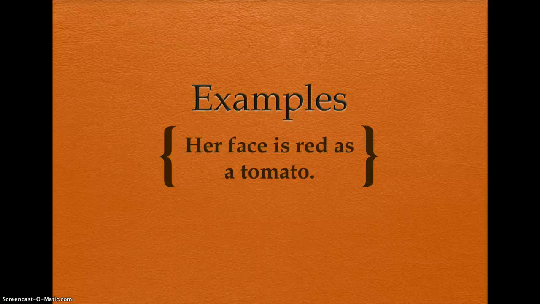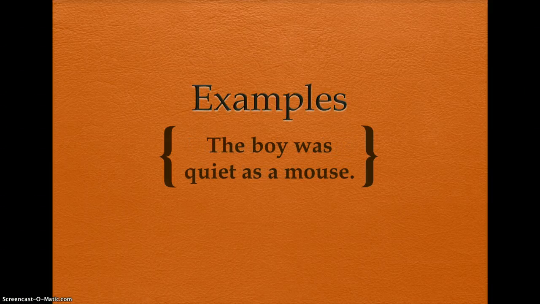Why is this statement a simile? Yes, because it uses as to compare two things, her red face to a tomato. The boy was quiet as a mouse. It uses as to compare a quiet boy to a mouse.